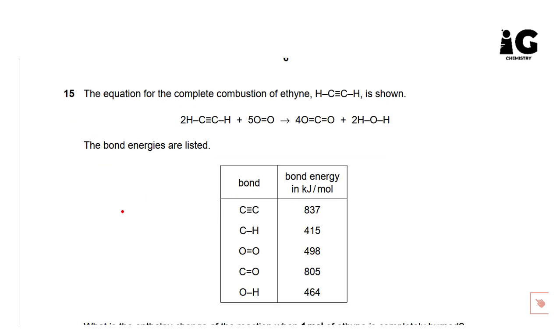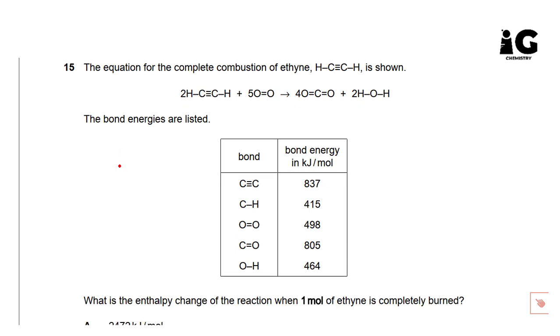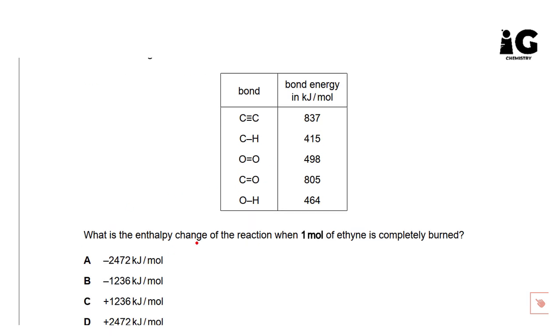Number 15, the equation for the complete combustion of ethane. So here is shown the reaction, and here the bond energies are listed. Here is the value of the bond in kilojoules per mole, and what is the enthalpy change of the reaction when 1 mole, and take care, this is in bold, 1 mole of ethane is completely burned.